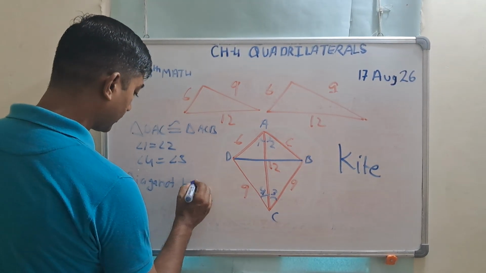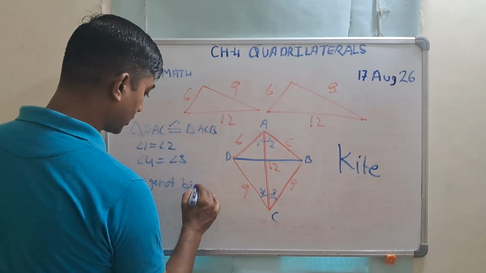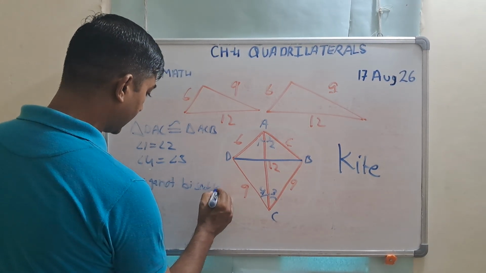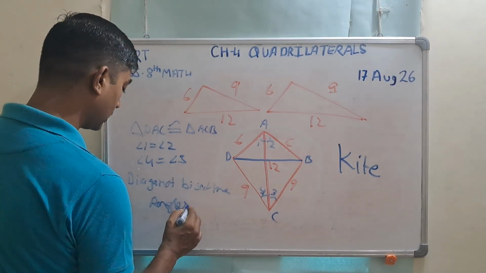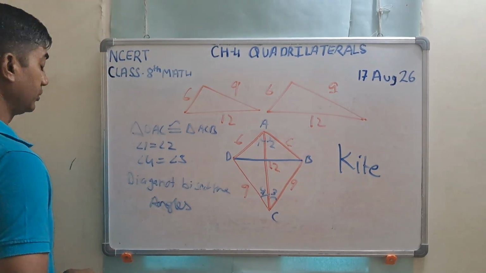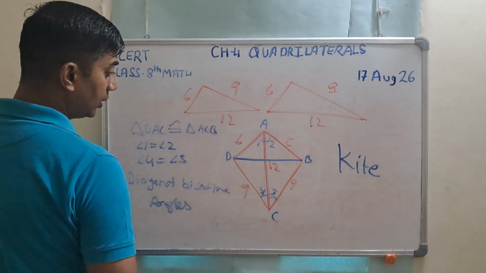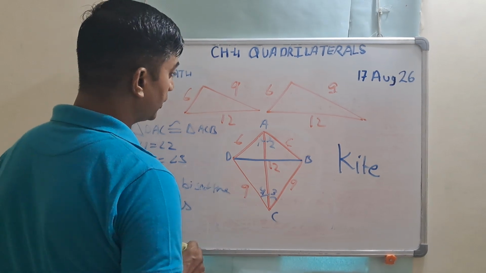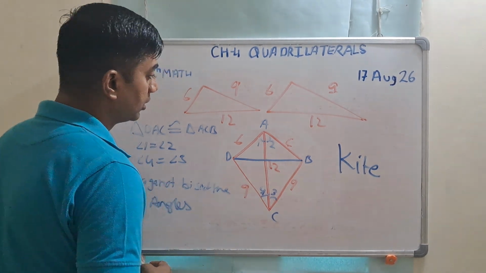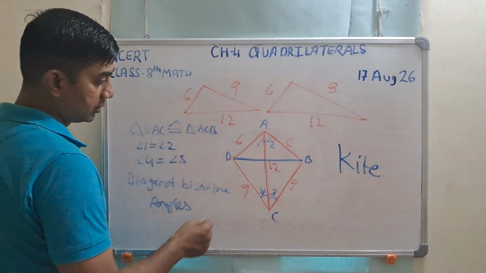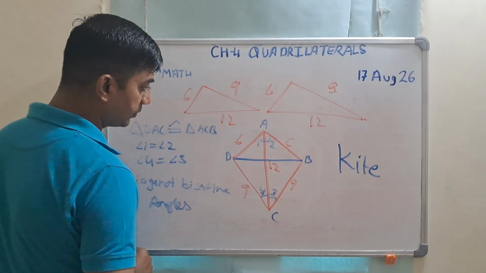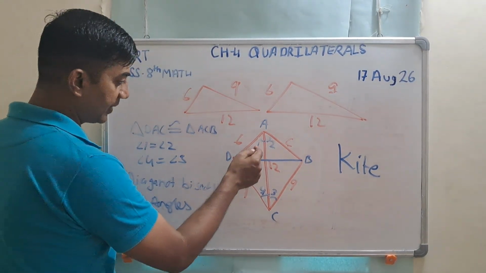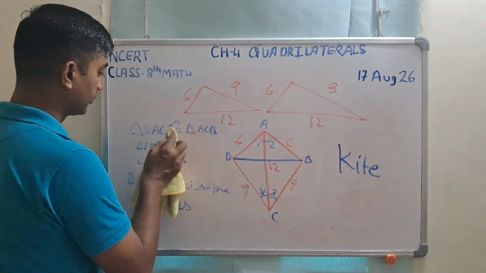Diagonals bisect the angles. Understood? So till now, this is what we have concluded from this figure of kite, that these angles are equal, and when we draw this diagonal, they are bisecting the angles.